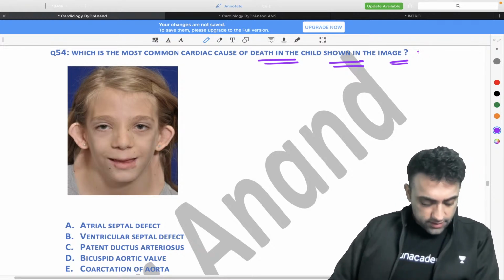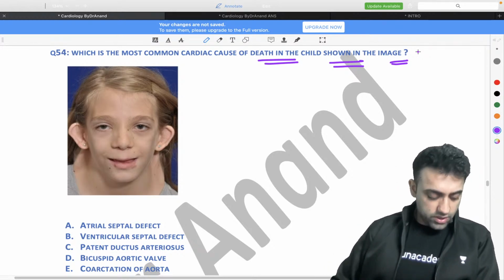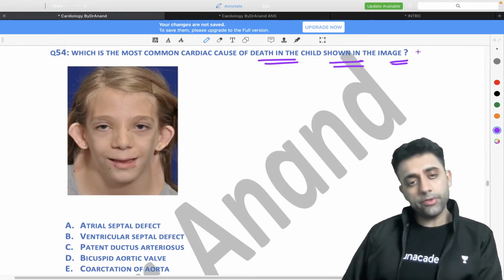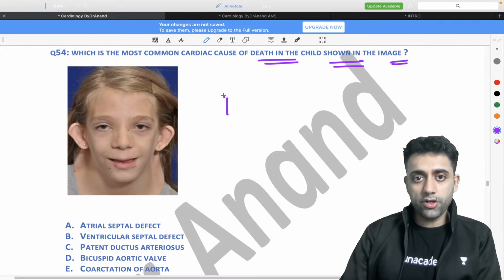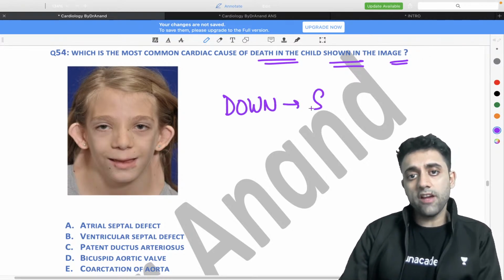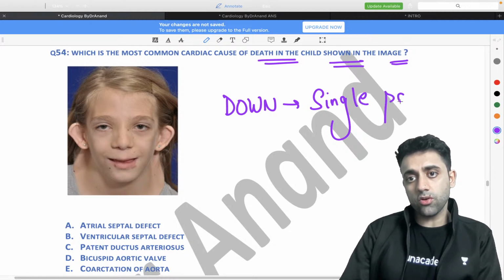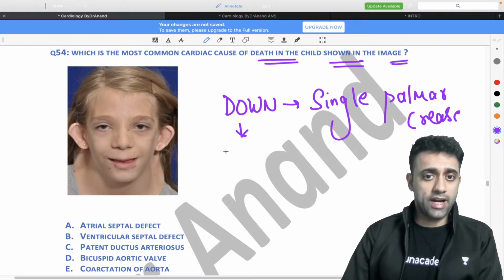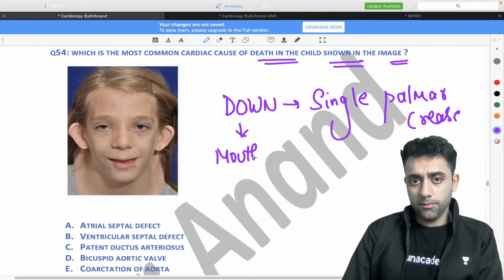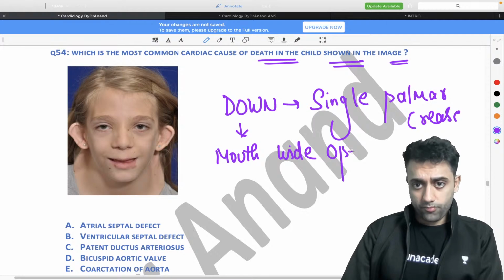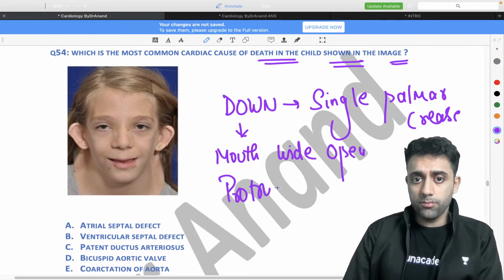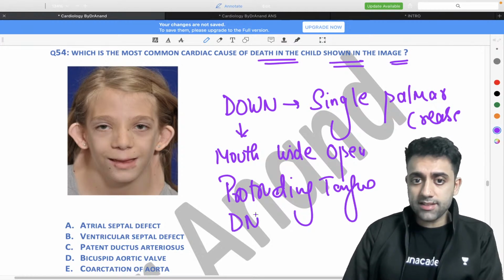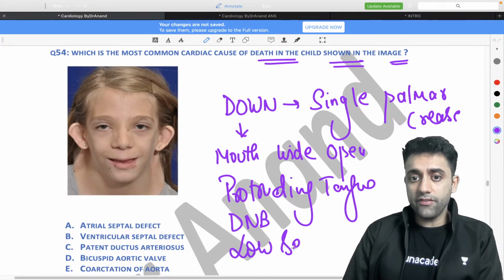Very good, Raghuvansh. Sandhu says Down syndrome. Doesn't look like Down syndrome, how do you know this is Down syndrome? See Sandhu, if I wanted to put a picture of Down syndrome, I would have shown you a baby with a single palmar crease, with the mouth wide open, a protruding tongue, a depressed nasal bridge, maybe low set ears, and a mongoloid slant.